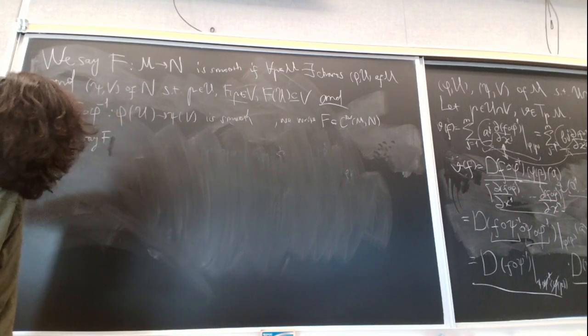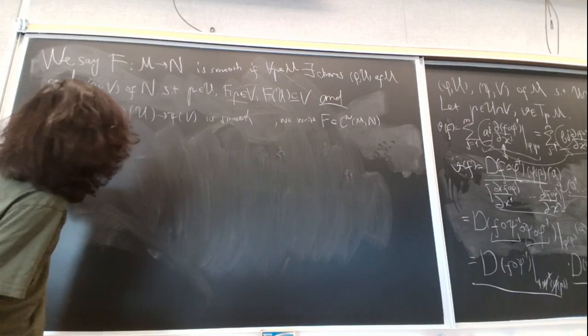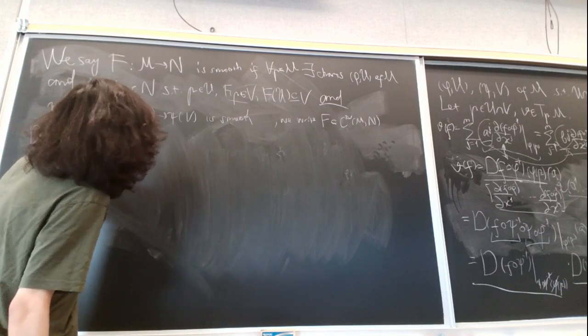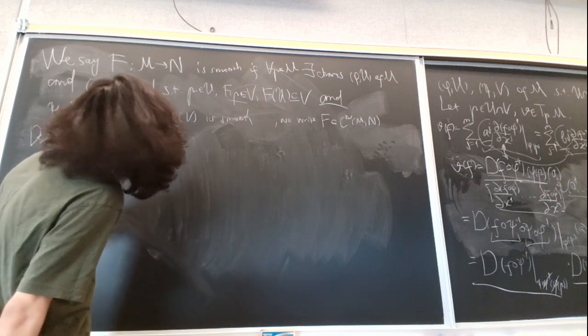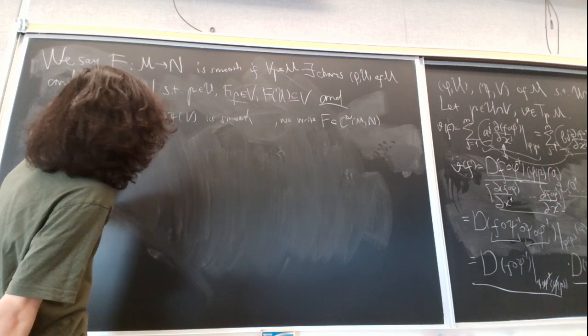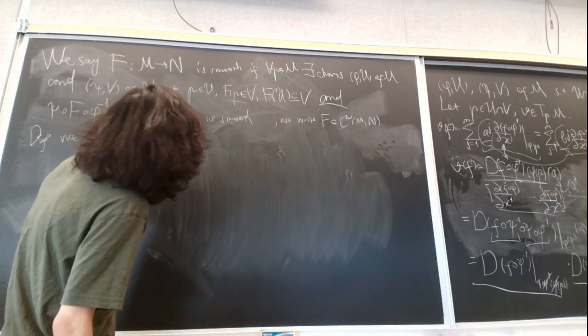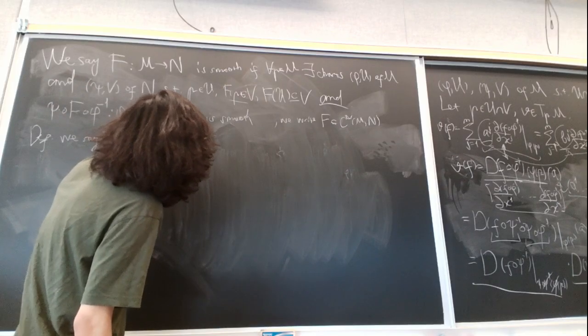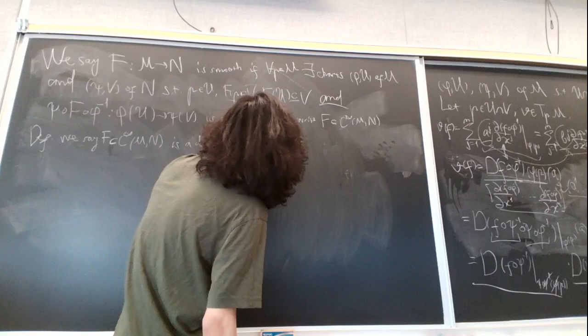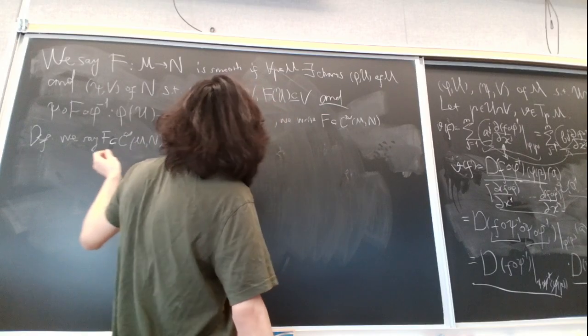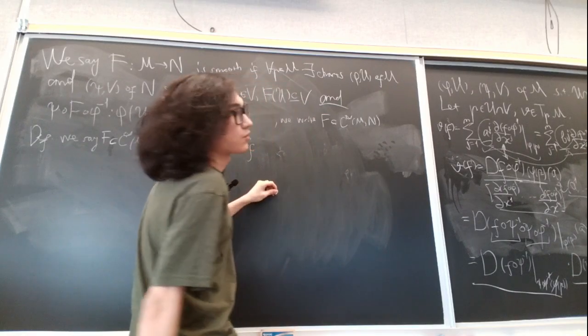So if f is smooth, a function f which is smooth is also called a diffeomorphism if it has a smooth inverse.